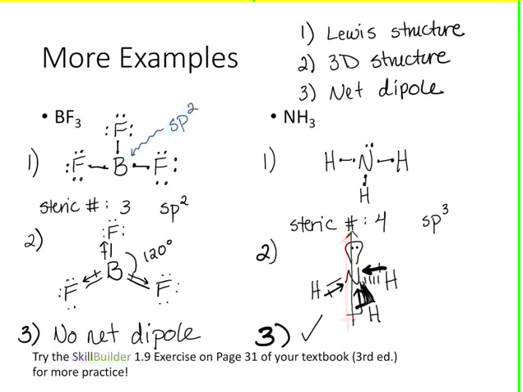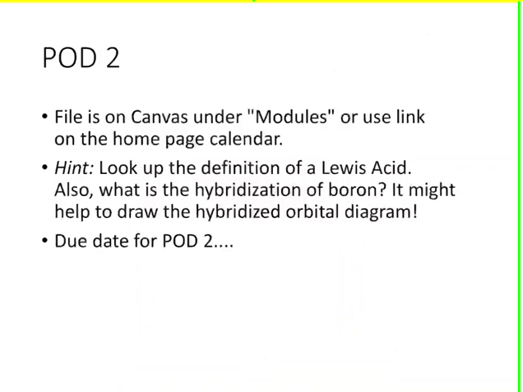Okay, so if you do want more practice with this, I recommend trying the Skill Builder 1.9 exercise on page 31. All right, so that brings us to the problem of the day 2. This is on Canvas under modules, or you can use the link on the homepage calendar. And for this pod, there is a hint.